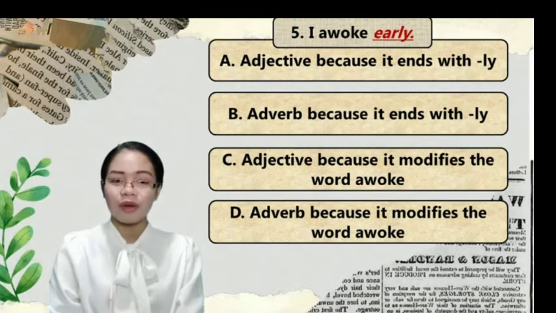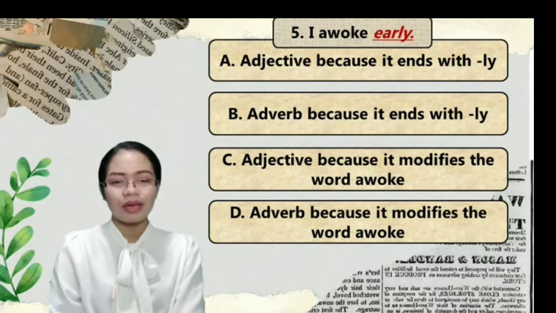So both choices in letter A and letter B are wrong. Letter C, adjective, because it modifies the word awoke. Again, awoke is a verb. Technically, you can use an adjective that could modify this word or a verb. So technically, letter C, adjective, because it modifies the word awoke.